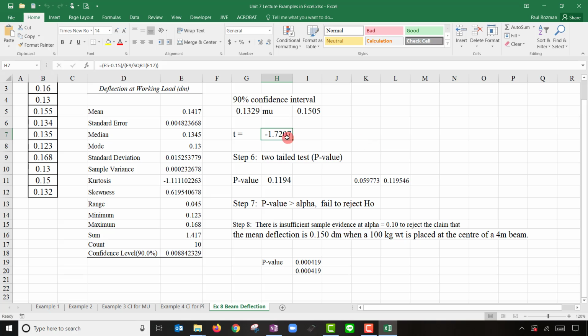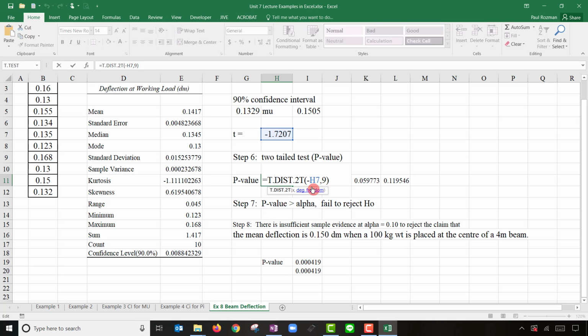I calculated the test statistic using Excel. Sadly, there's no built-in function, so I basically had to manually create my own formula. But I was able to just reference where the mean is, where the standard deviation is, and where my sample size is in my formula. To get my p-value, I want the area to the left of this value, and then I need to double that. Oh, look at that. The t-distribution actually has a T.DIST.2T.